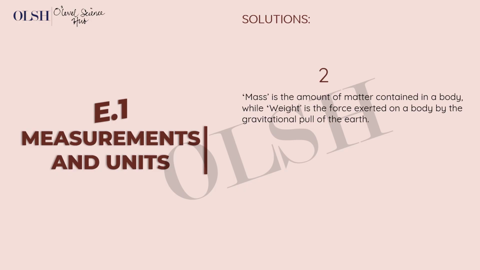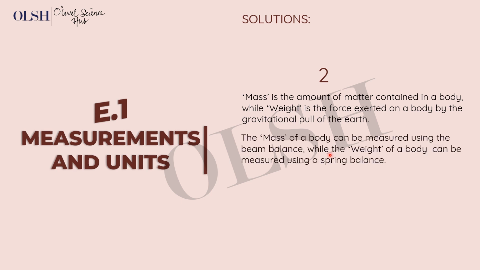So they are two different things. Weight is a force that is applied on mass, while mass is just the amount of matter contained in the body. The mass of a body can be measured using the beam balance, while weight can be measured using a spring balance. Let's move on to the third one.